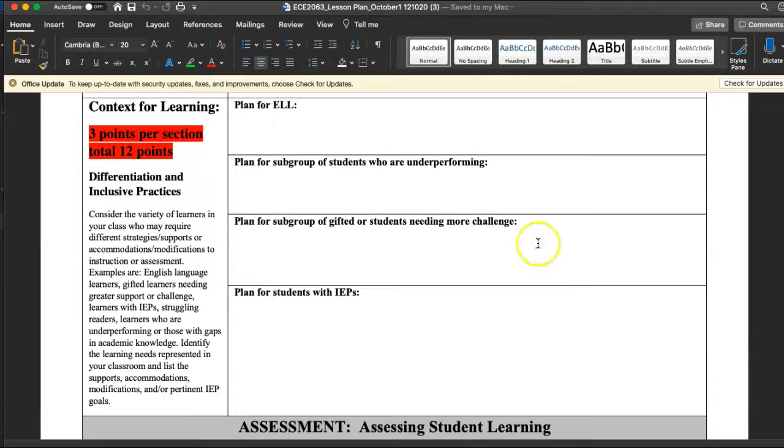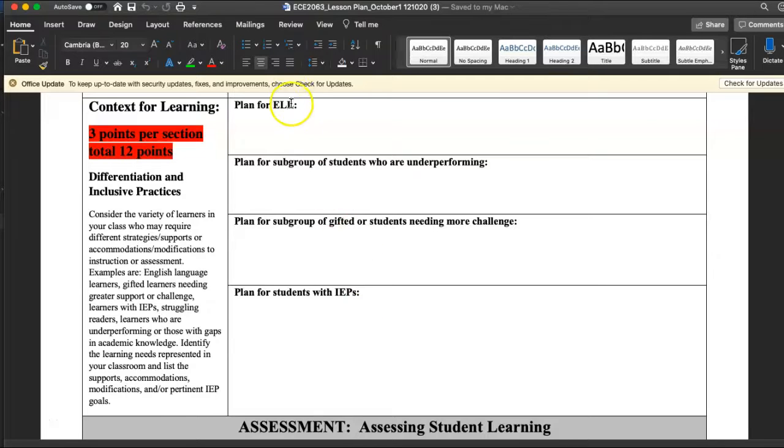This week, you need to fill out the context for learning. This is where you consider the learners in your class who may require different strategies or supports or accommodations, modifications to the instruction or an assessment.